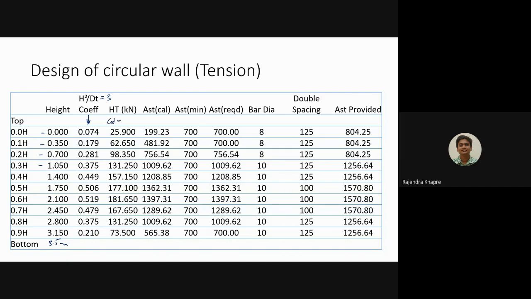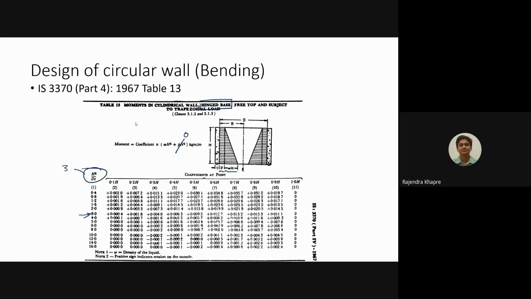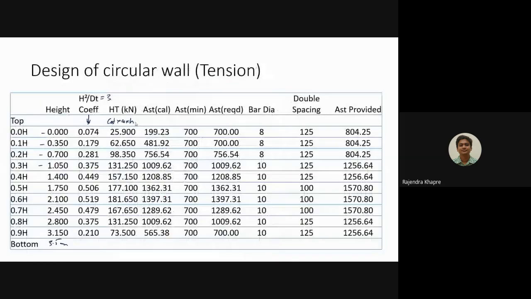Your coefficient into W into H into R. Here on the screen you can see the value of the coefficient. This is a very small value, 0.074, and W is 10, H is the height of the wall, and this is nothing but your R.